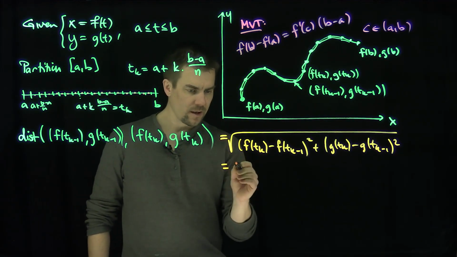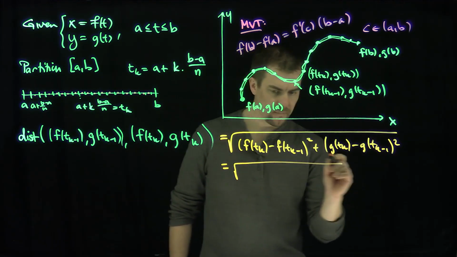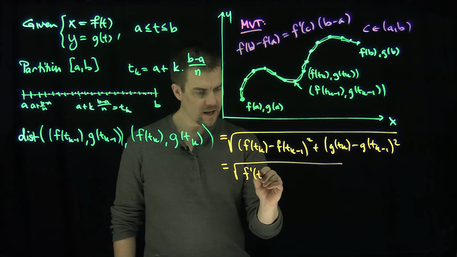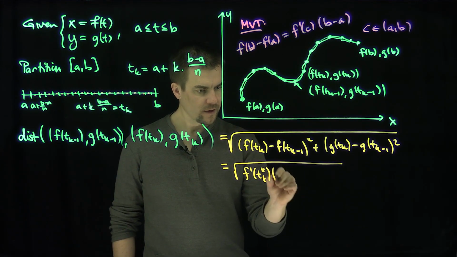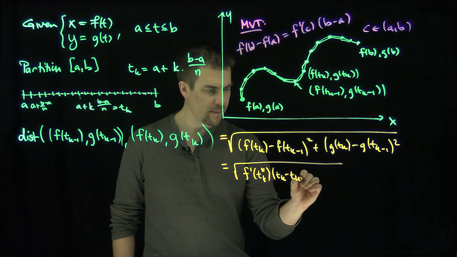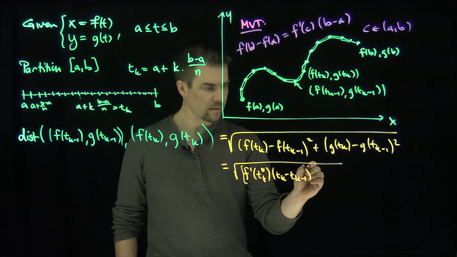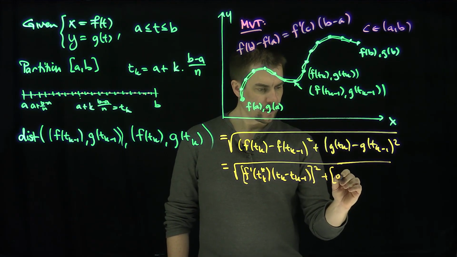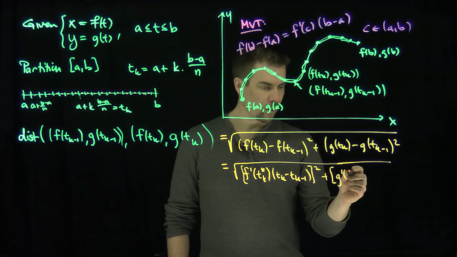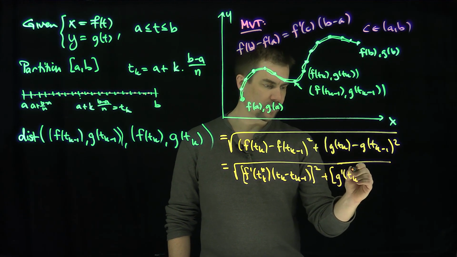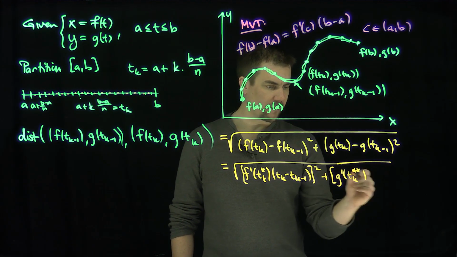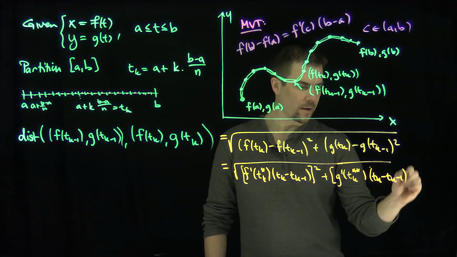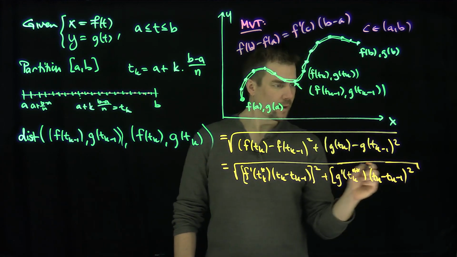By the mean value theorem, this is equal to the square root of f prime of, let's say, t_k star times (t_k minus t_{k-1}), quantity squared, plus g prime of another point, t_k double star, because it could be a different point by the mean value theorem, times (t_k minus t_{k-1}) squared.